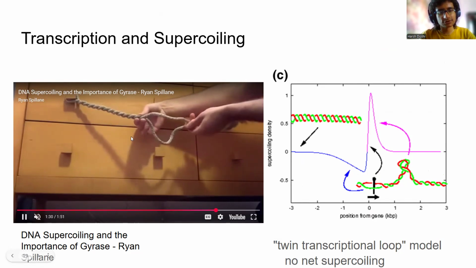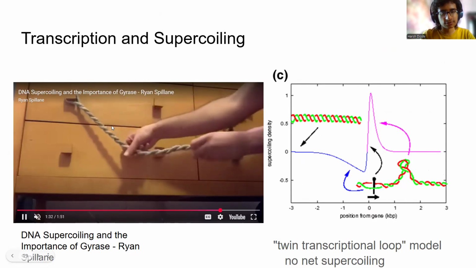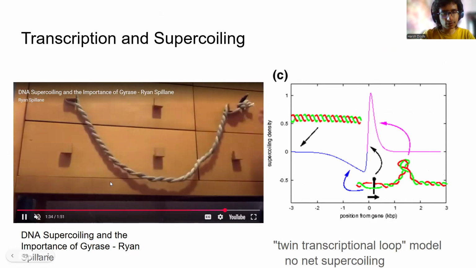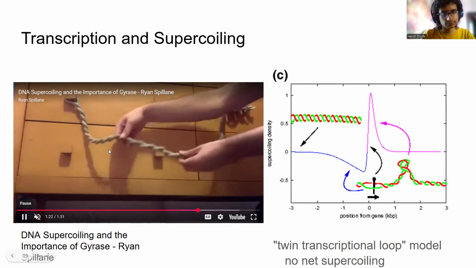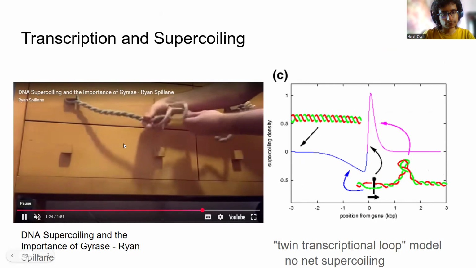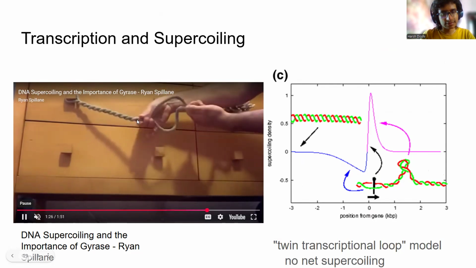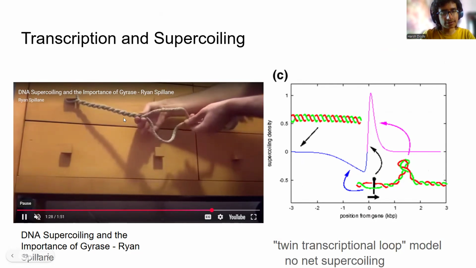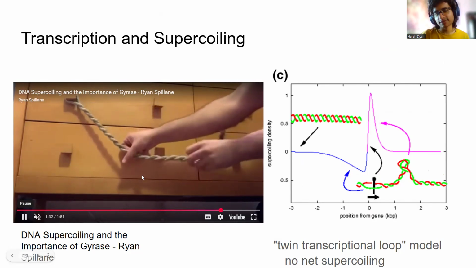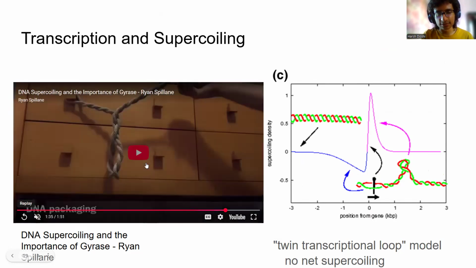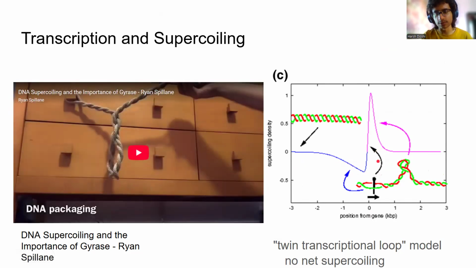I'll play this again so that you can focus on this region this time. Here, as he unwinds this region, the windings here increase. And this is exactly what happens in the supercoiled state during transcription as well.